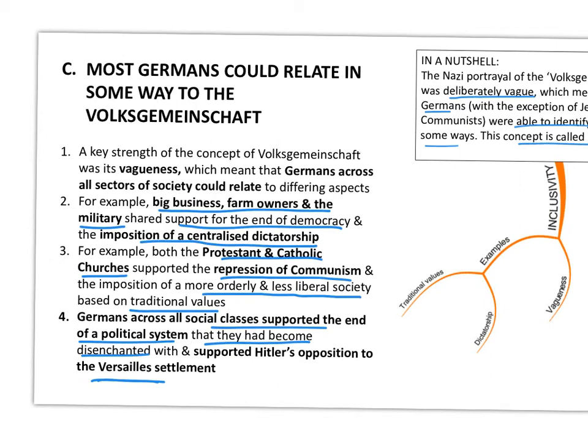He overcame the restrictions on the size of the military and introduced conscription, and was able to build up a large army, which the German people thought was for defensive purposes, because Hitler knew it was going to be for a different reason. And then, of course, he remilitarized the Rhineland without war, incorporated Austria into Germany without war, incorporated the Sudetenland into Germany without war. All of these successes built up popularity.